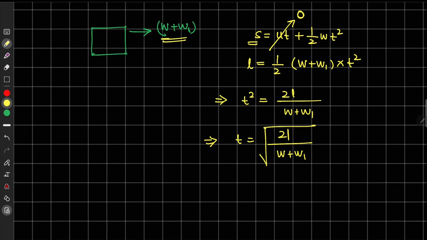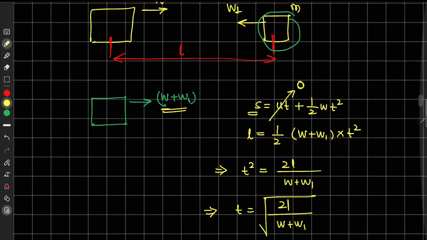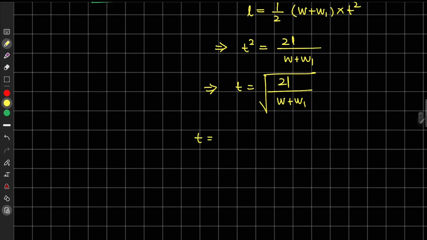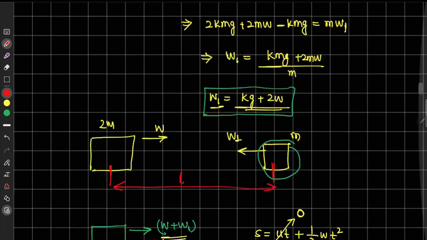Let us substitute the value of w1, that is kg plus 2w. So t is equal to the square root of 2L divided by (w plus kg plus 2w), so time is equal to the square root of 2L divided by (3w plus kg). This is the time instant at which both bodies will collide.